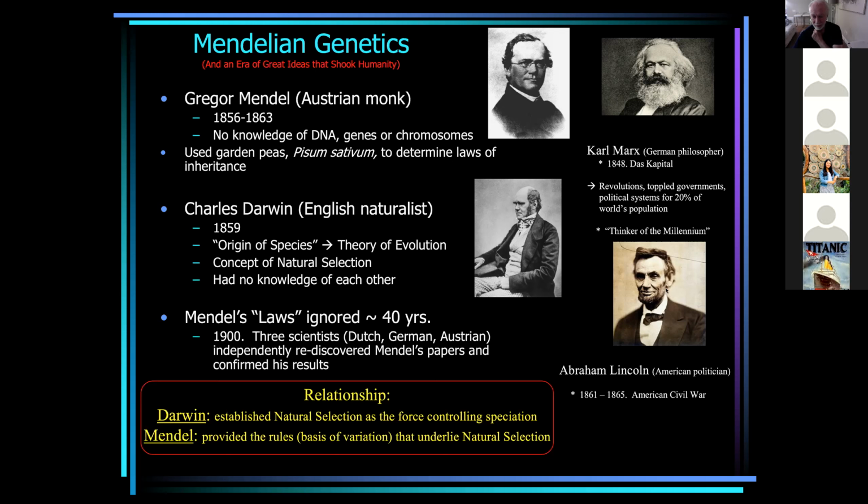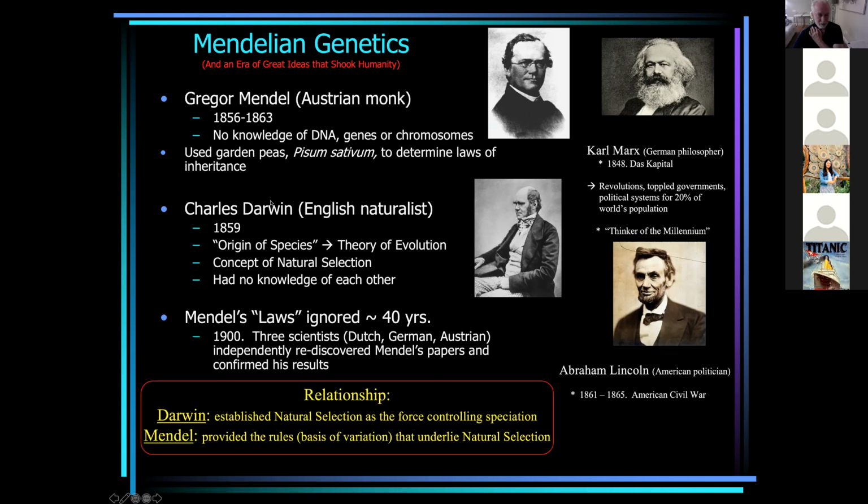And of course, in this country, we had the Civil War in the middle of the 1800s, and that profoundly affected our history, and the effects are still going on today. So the middle of the 1800s was very eventful.